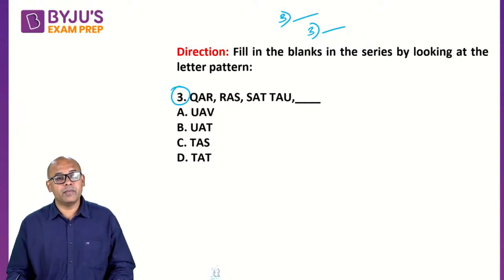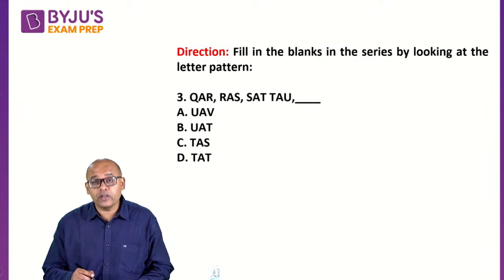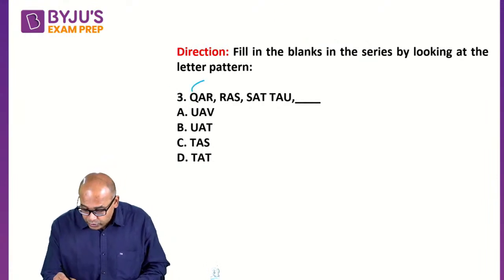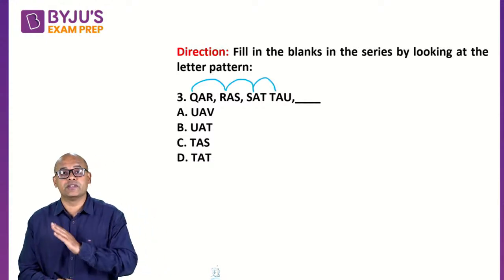Okay, Sneha, Mausam and Malik have given the answer option as A. This is a very, very straightforward question. If you take a look at what is happening here, Q, R, R, S, S, T. The first letter is continuous.